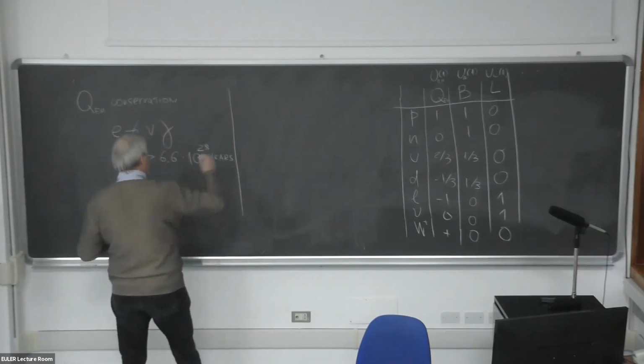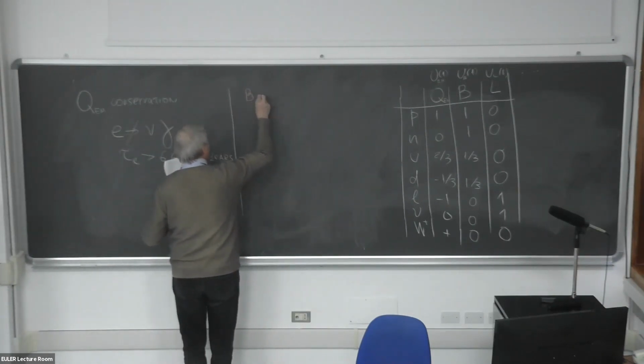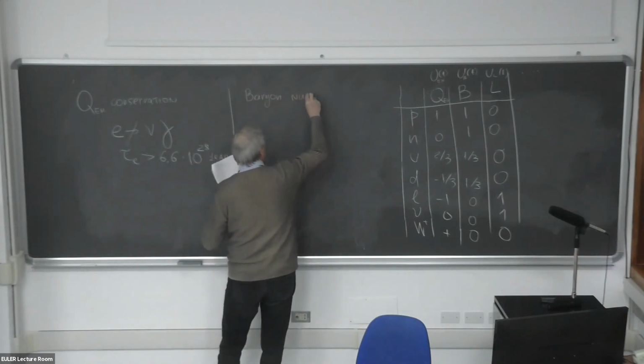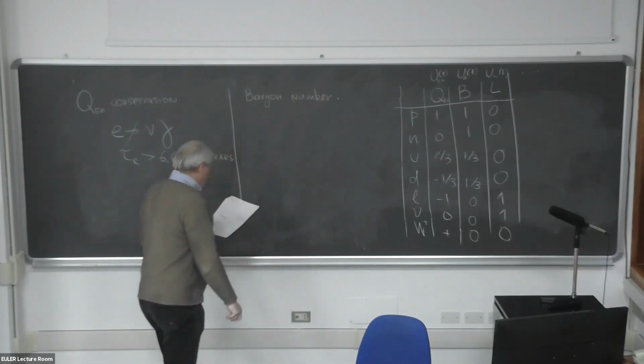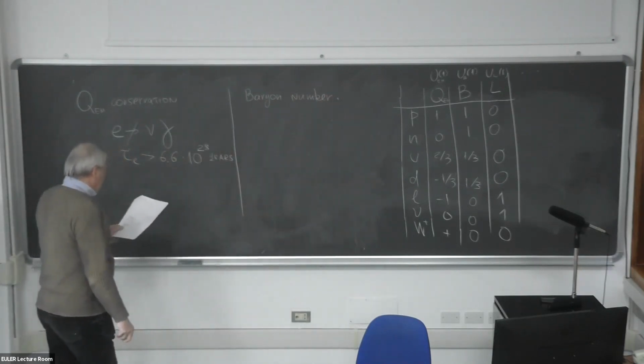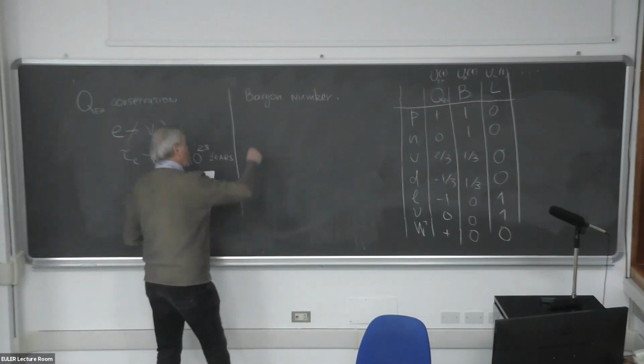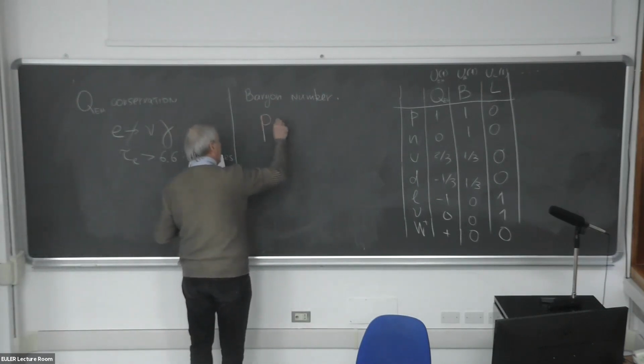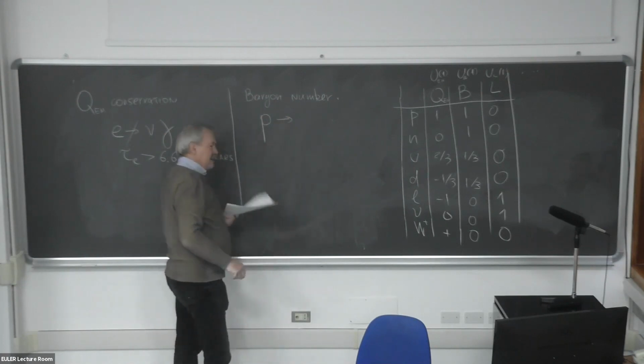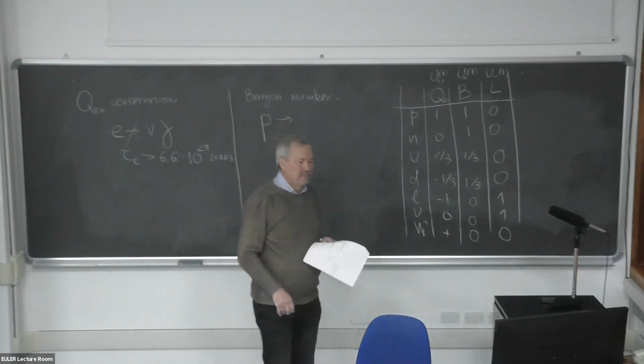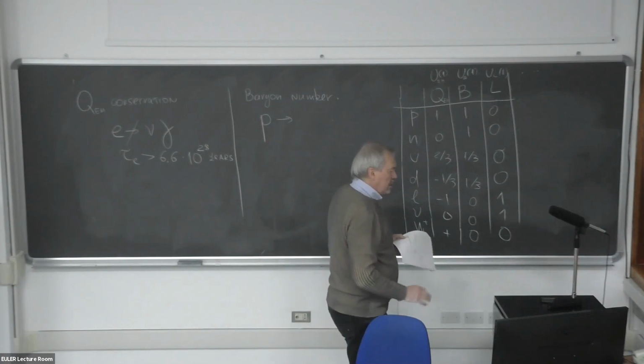Next, let us discuss baryon number. The best bound is provided by searches for proton decay. And tell me, suppose we will not keep baryon number.